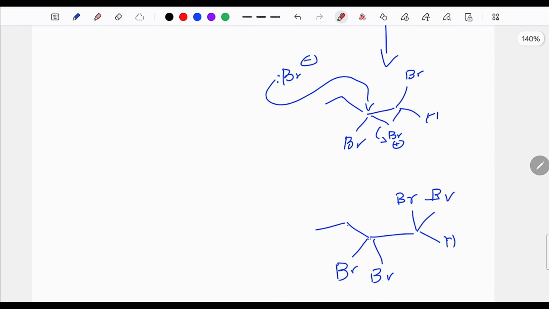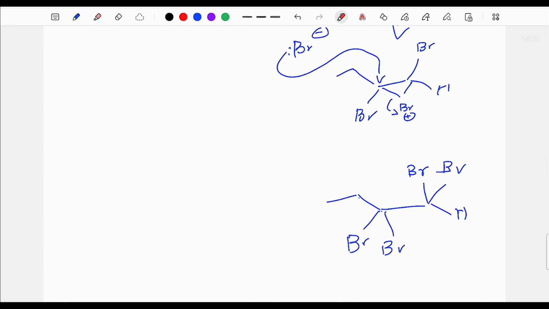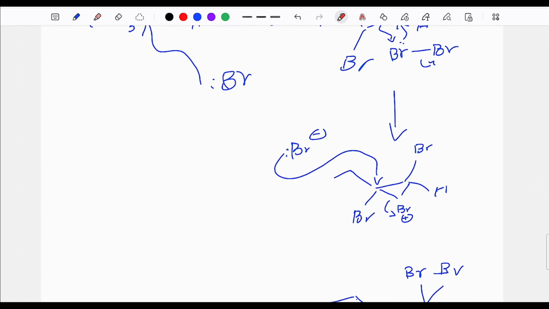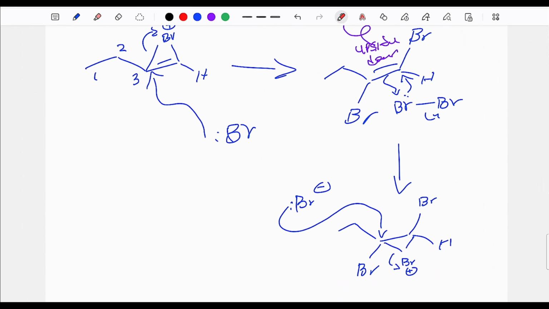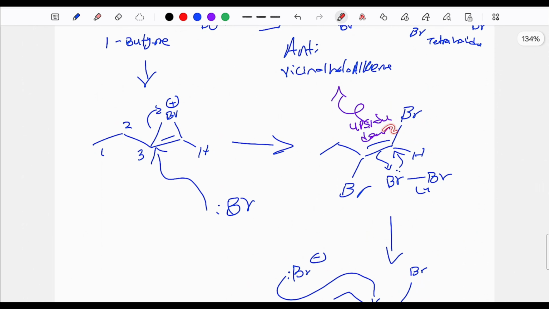This is the mechanism for the addition of Br2. Again, if you add one equivalent, I get the vicinal haloalkene. If I add two equivalents, I get the tetrahalide. The first addition is occurring anti, hence why these two substituents are anti to one another.